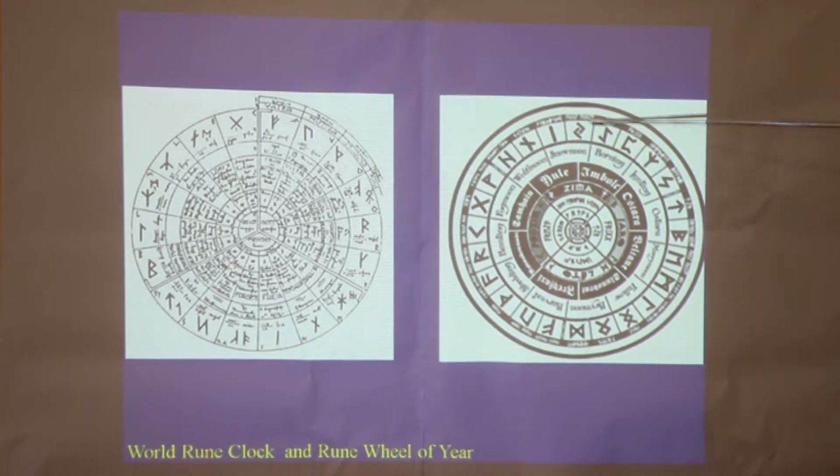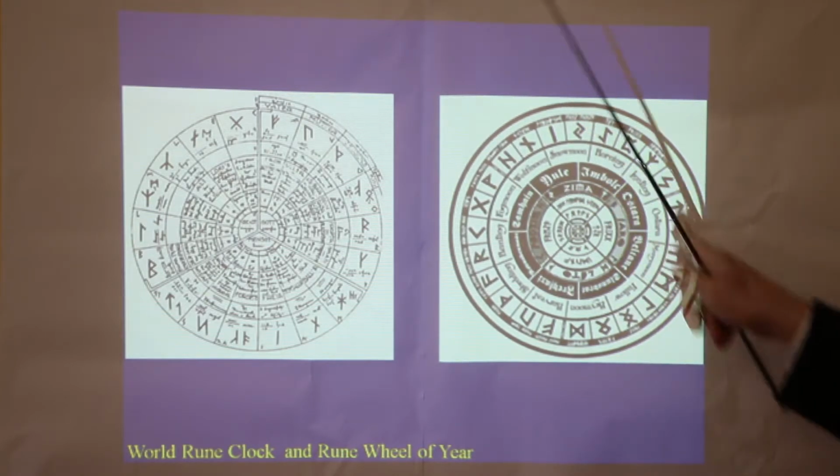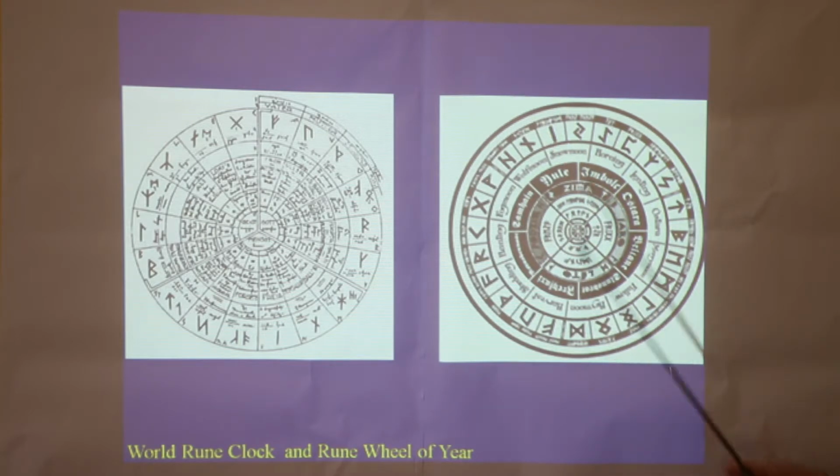But that's what I'll talk about. Then this becomes a structuring process for the earth. And so you take the 24 runes, or sometimes 28 letters, you link them with the 8 seasons of the year, and you link them with the 8 feasts of the year, and so on.